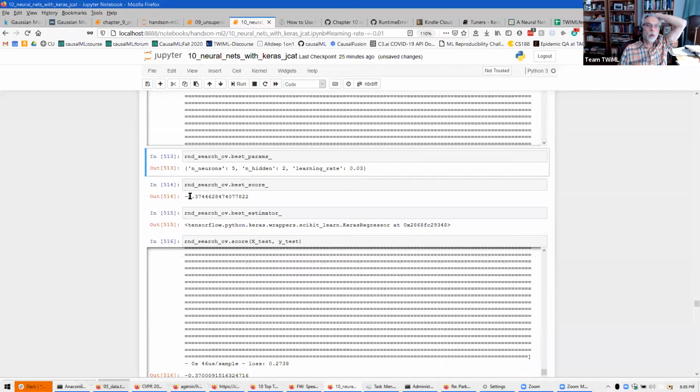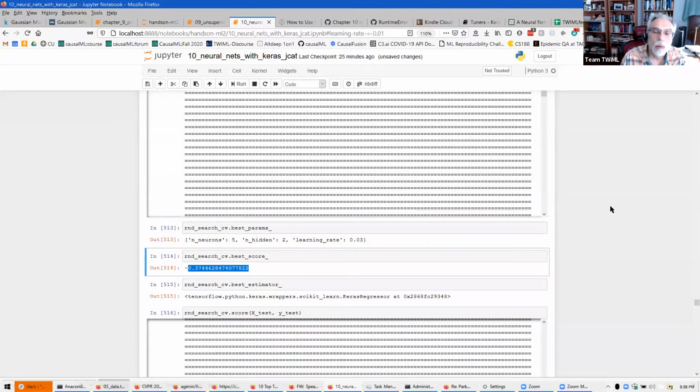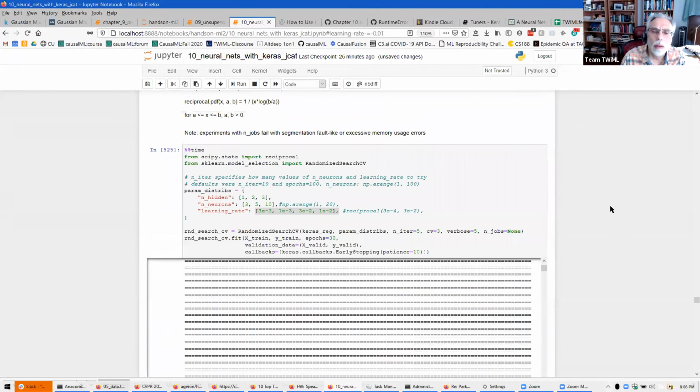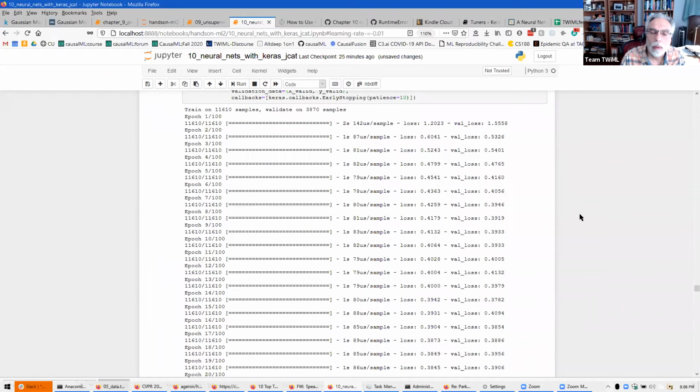And then the best score was 0.37. That doesn't make sense because we saw a score of 0.29 or something before. Oh, yeah, we saw a score of 0.29 back up here.